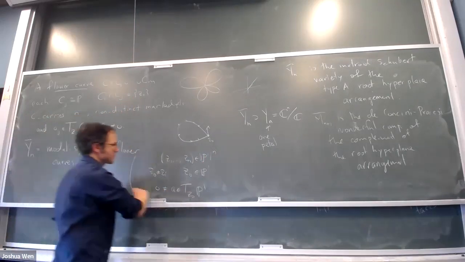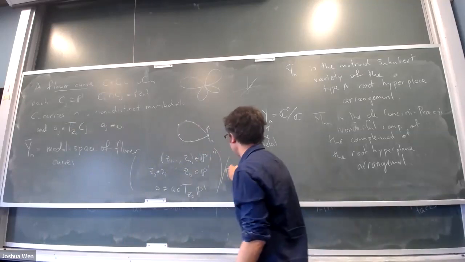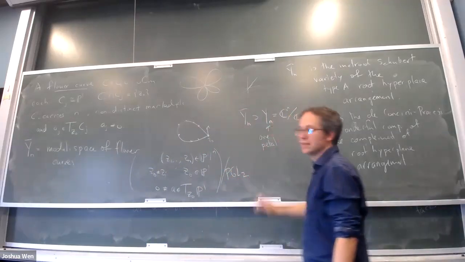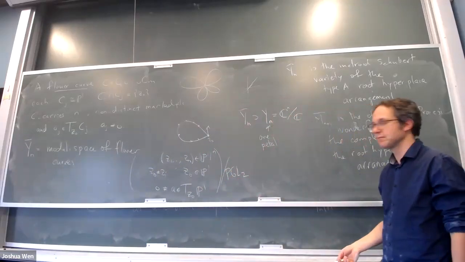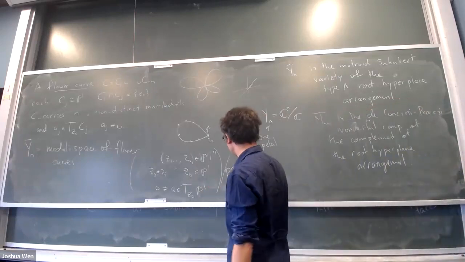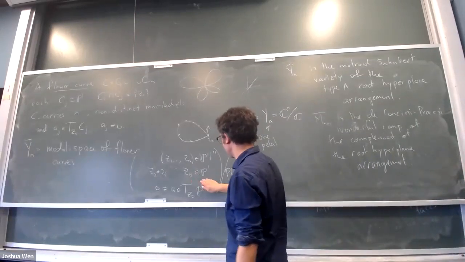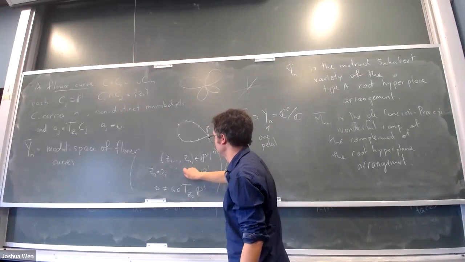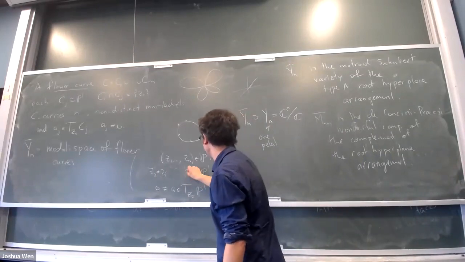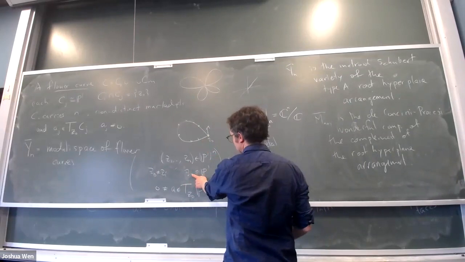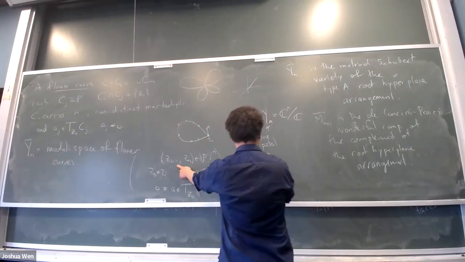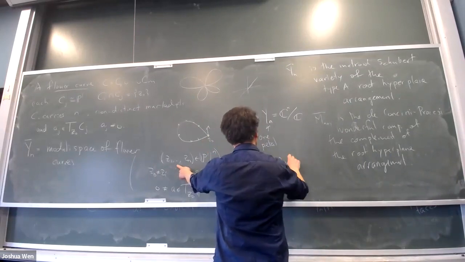So I consider all of this modulo the action of PGL2, because that's the automorphism group of P1. Now, the very first thing I do with this PGL2 is I make this point be infinity. So it goes away from the data, and then I just have Z1, ..., Zn in Cn.